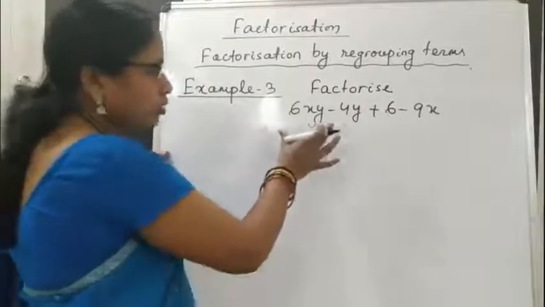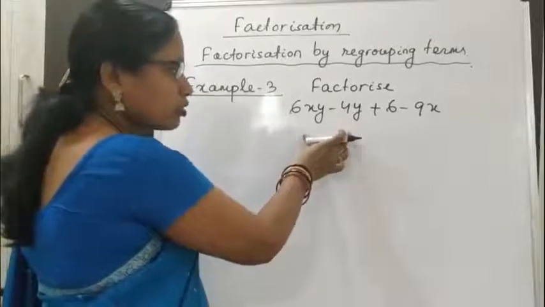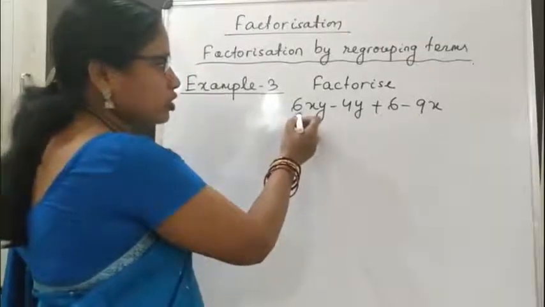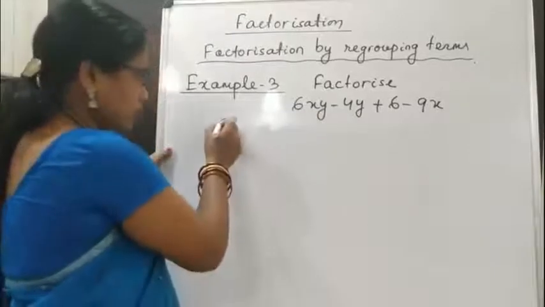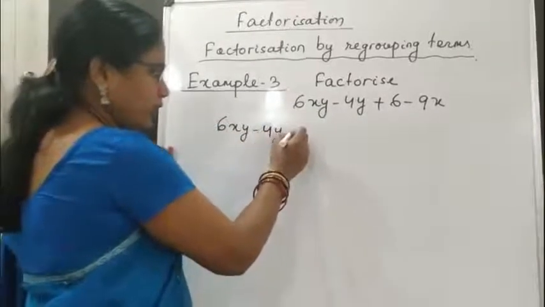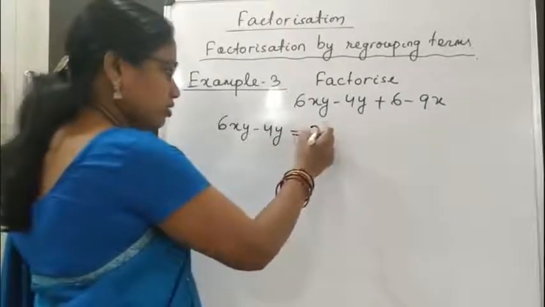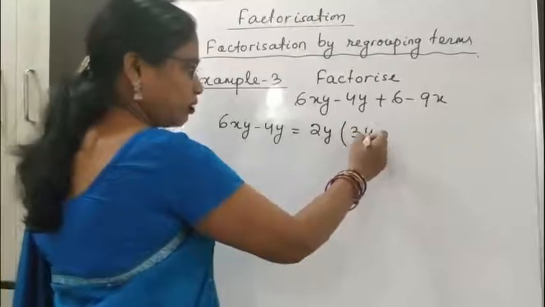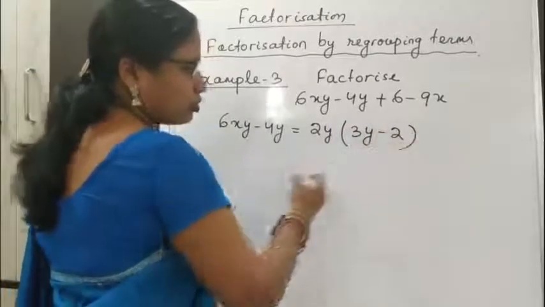If you take the first two terms, the common factor is 2y. So 6xy minus 4y can be factorized as 2y whole into 3x minus 2.